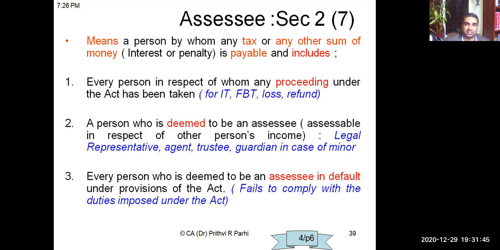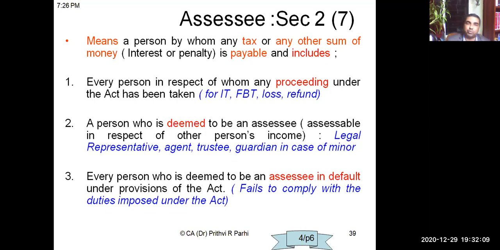Third point is that every person who is deemed to be an assessee in default under the provisions of this act. That means if somebody has committed some default under the act, he will remain an assessee. Let us say he has paid tax, paid penalty, everything, but some compliances he has not done.